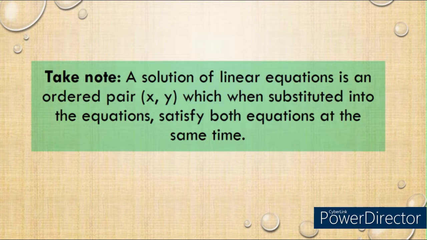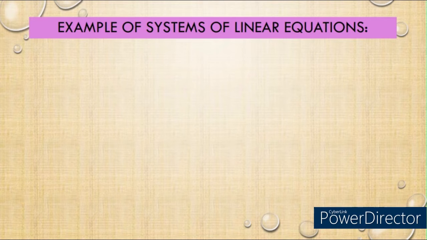So the x here is the value of x, and y here is the value of y, which when substituted into the equations, must satisfy both equations at the same time.